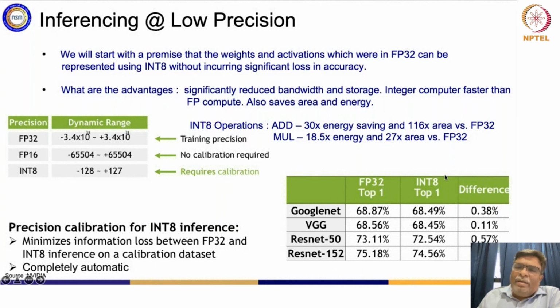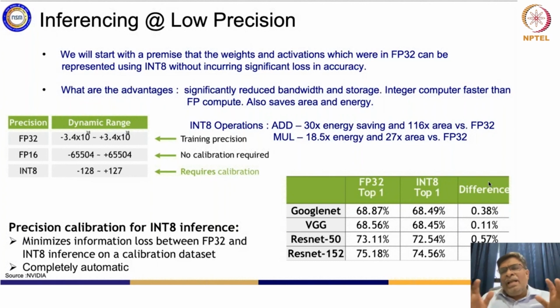Now, when you do it using int8, you optimize your model and run it for inferencing. The int8 model gives you an accuracy of 68.49 as against 68.87. So this is just a difference of 0.38%, right? The same is the case with VGG. You get a difference of 0.11%, 0.57% for ResNet 50, and 0.61% for ResNet 152.